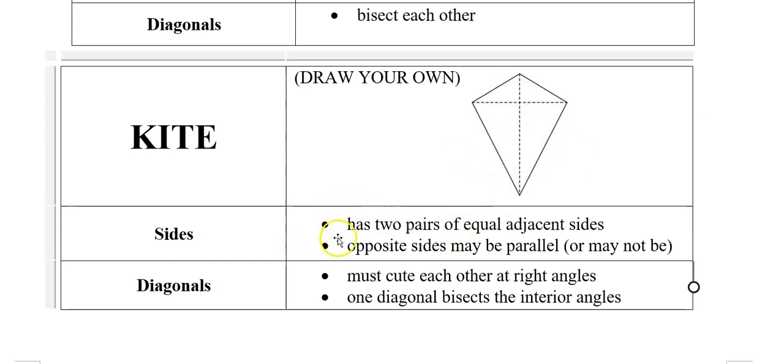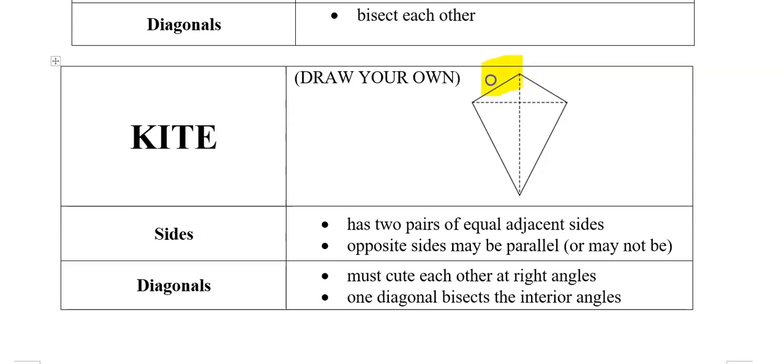Take note, the sides have two pairs of equal adjacent sides. It means that in this diagram, I have this side and this side that are a pair of equal adjacent sides, and on the other side, I have this side and this side, which are the other equal adjacent sides.